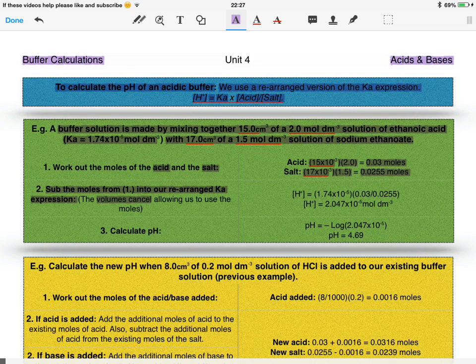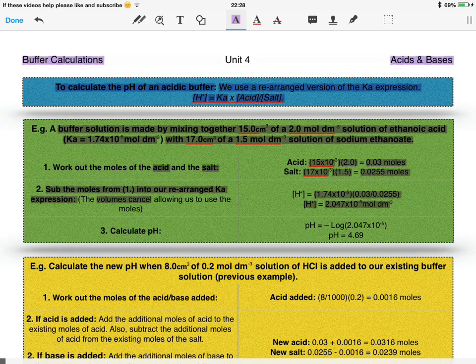So subbing everything in, we get 1.74 times 10 to the minus 5, which is the Ka, times 0.03, which is the acid, divided by 0.0255, the salt. This gives us a hydrogen concentration of 2.047 times 10 to the minus 5 moles per decimeter cubed.